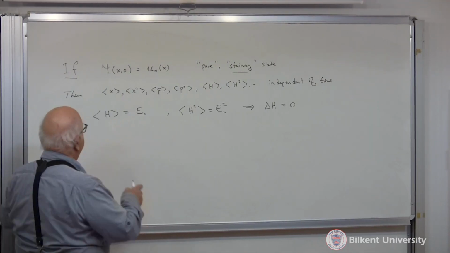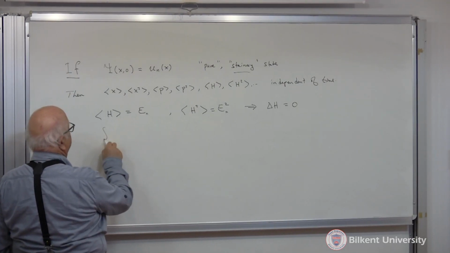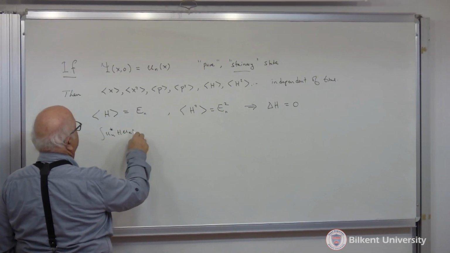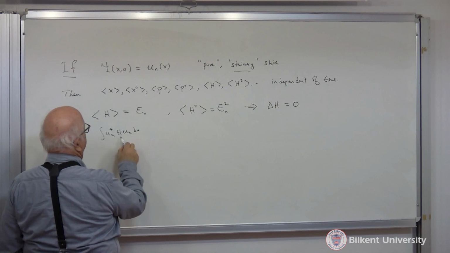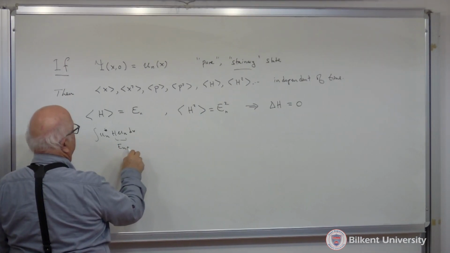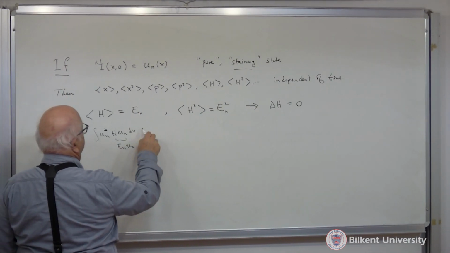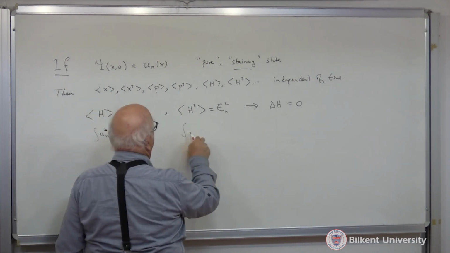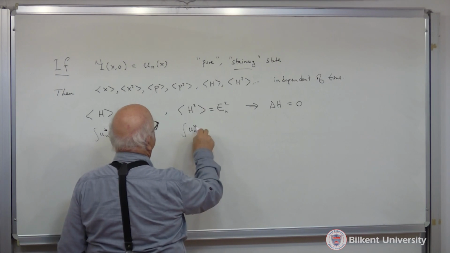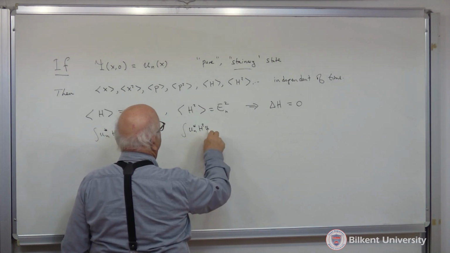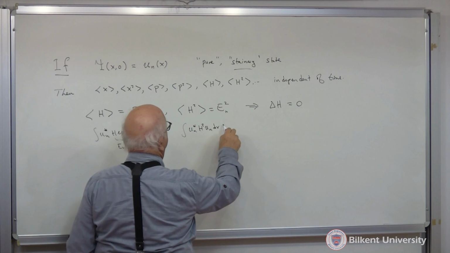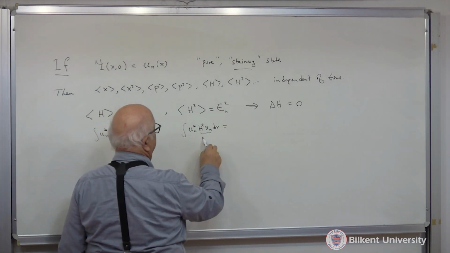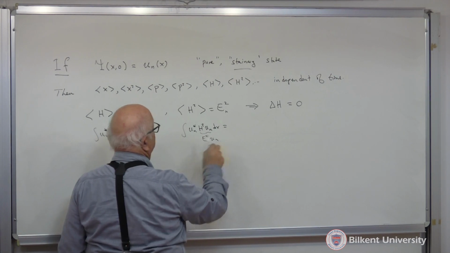Just remember, this was un star h un dx, right? Because this is En un, it just gave me this. Now if I have the square here, I am going to get un star h squared un dx, which gave me En squared, right? Because this is just En squared times un.